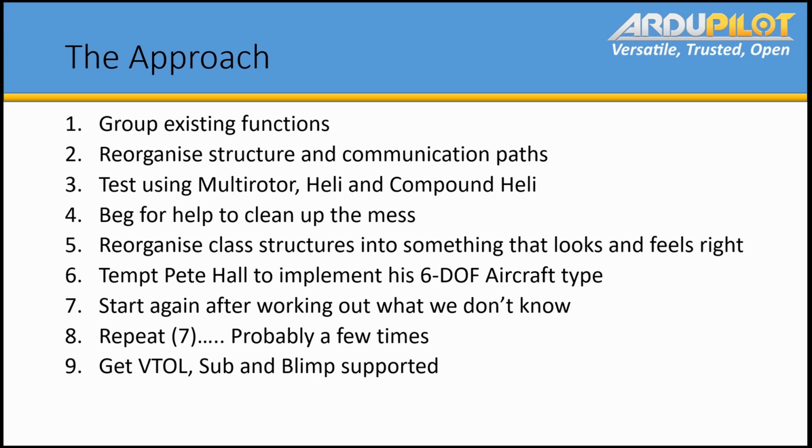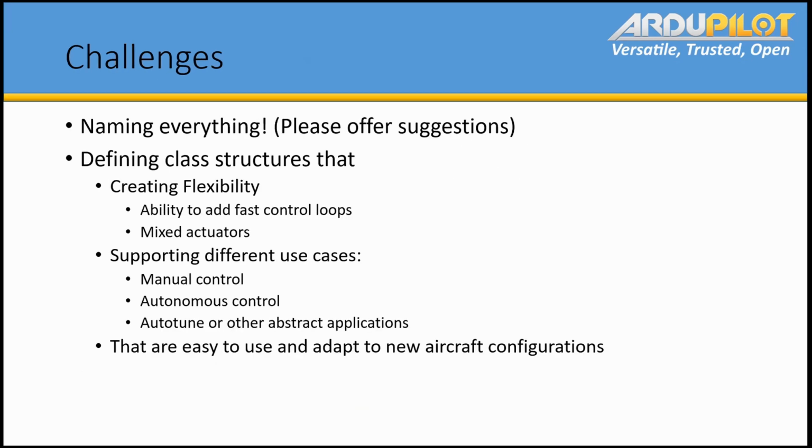Then we just go through that year-long iteration of working out the stuff that you were stupid with, working out how to solve the stupid, looping around until as much stupid has been solved as possible, and then we start getting all of the quad plane stuff using it, right? So that's sort of the process that we're going to go through, and hopefully that all goes well.